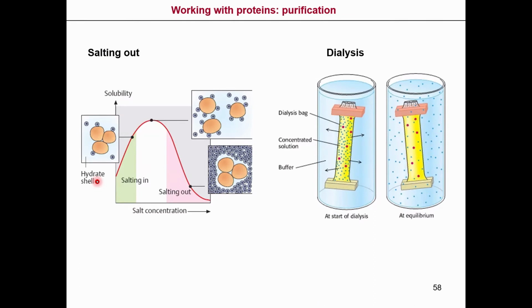Okay, if you have hydrophilic surface, what happens? The water will go to the hydrophilic surface. When you increase salt concentration, so salt, you will have cation and anion. Okay, around this ion, you will have water molecules, around the cation and also the anion.